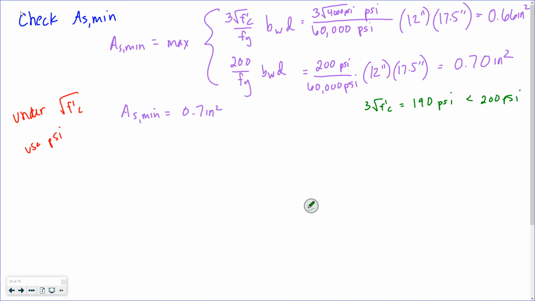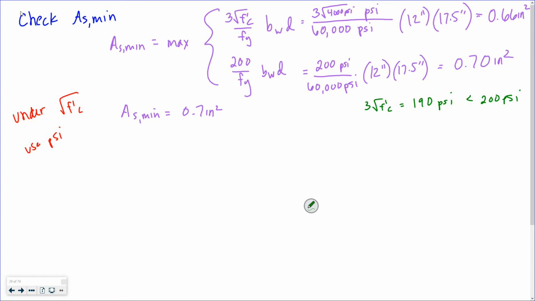If you had a 4,500 f'c, the top one would probably control. It would be 200 divided by 3 squared, yeah, 4,444. So if you have anything over 4,444, then the top one would control.